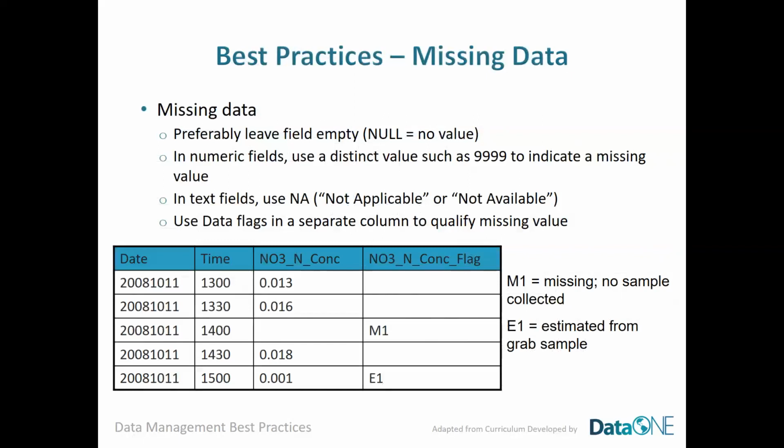And then also the flag E1 indicates that the value was an estimated sample, an estimated value. So when you create your spreadsheet, you would have these data flags in their own column, and then within your metadata file, which could simply be a README file that accompanies this spreadsheet, you would define what M1 means and what E1 means. So this is how you describe your content using metadata.